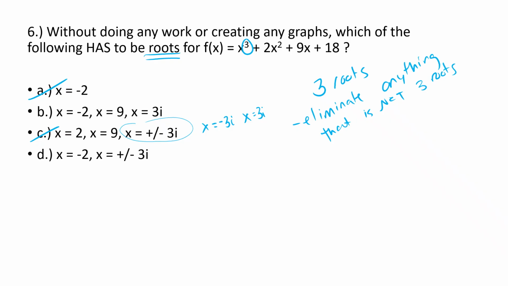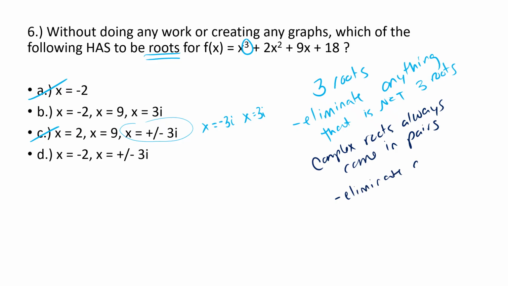Now, the other 2 have 3 root options. So here's the next thing that we are going to keep in mind, and that is complex roots always come in pairs. And so what we're going to do is eliminate anything without the pairs.